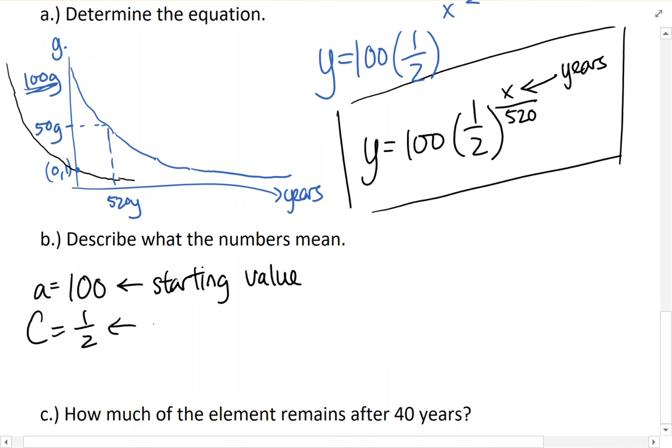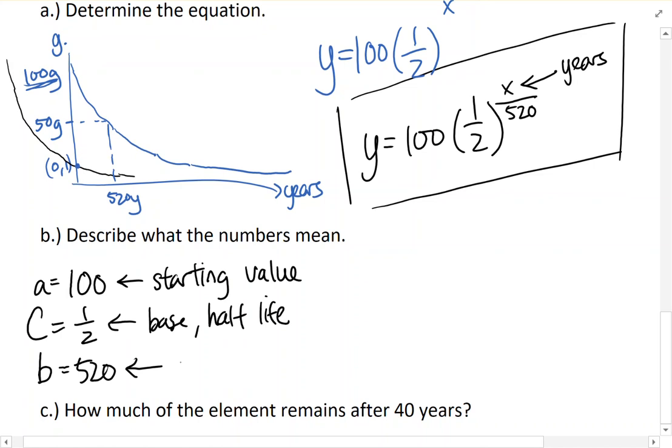It's also there to represent the half-life, being cut in half. Now, the 520 is basically your b value, and this is representing, I guess, time per half-life.